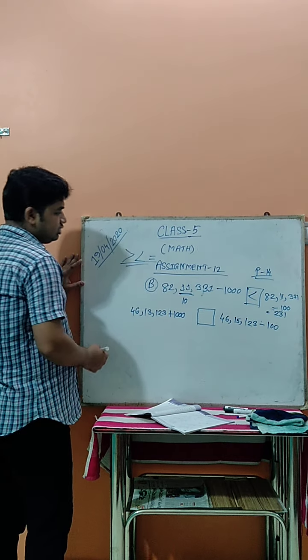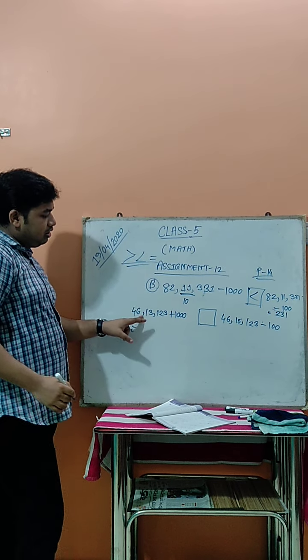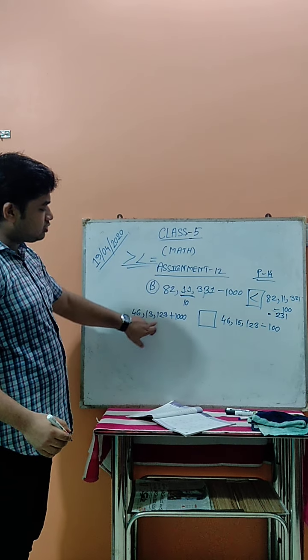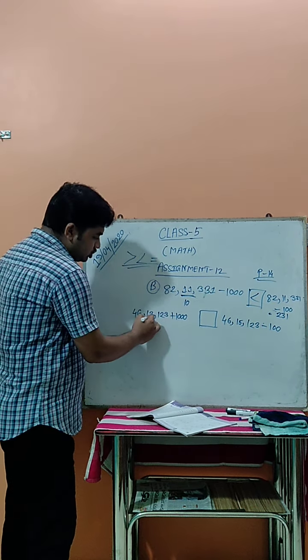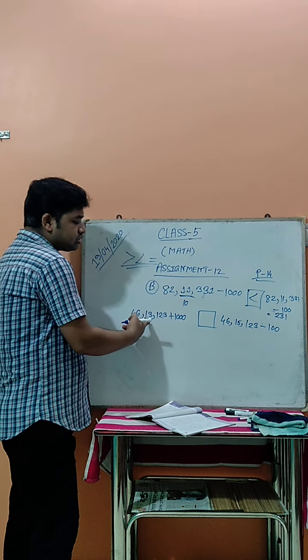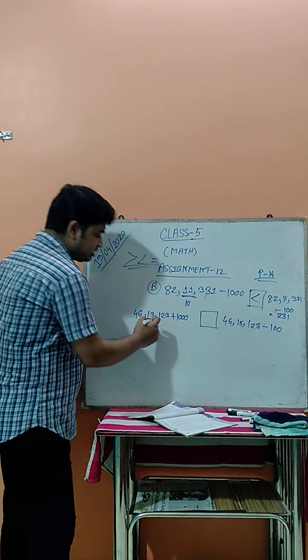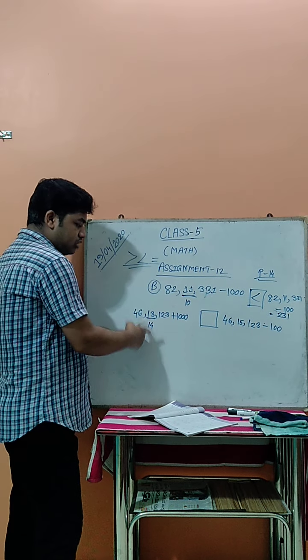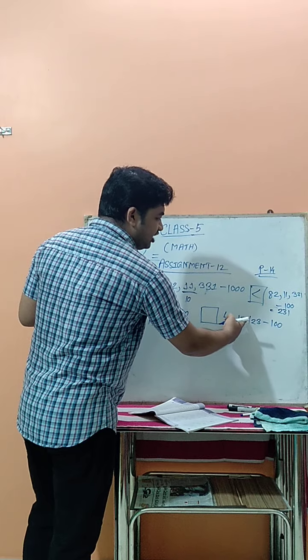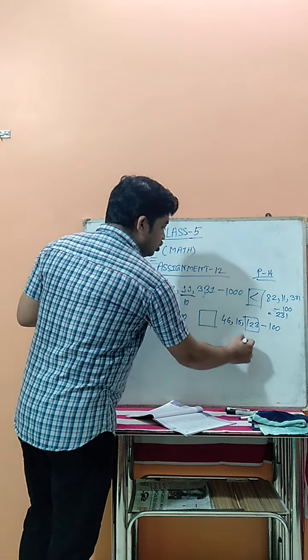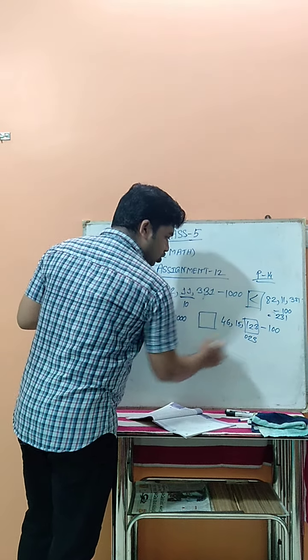Here also the same: here is 46 lakh 13,123 plus 1,000. Now which one is the 1,000 place? This one is the 1,000 place. So if 1,000 is added, 13 plus 1 is 14,000. Now here 100 is subtracted from 123, the 100 column, so it becomes 023.